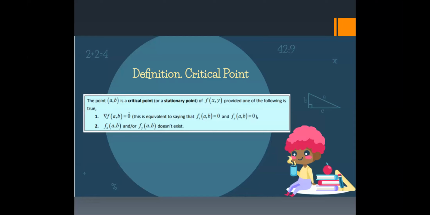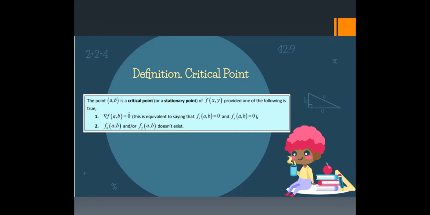To see this, we can consider the function f(x, y), which is equal to the product xy. The first order partial derivative of f with respect to x is equal to y, and the first order partial derivative of f with respect to y is x.